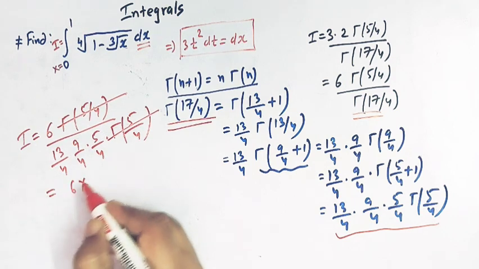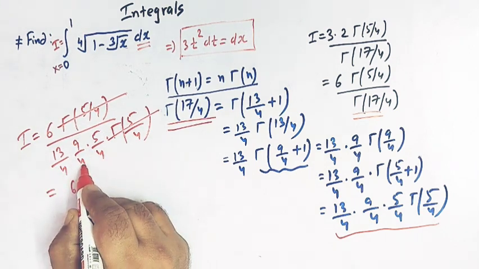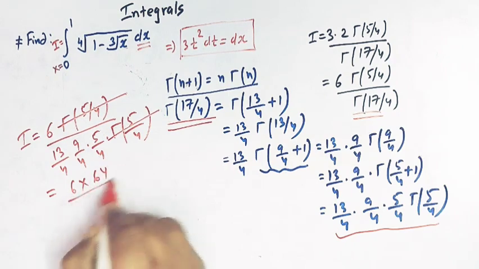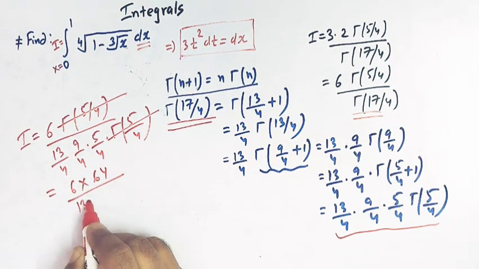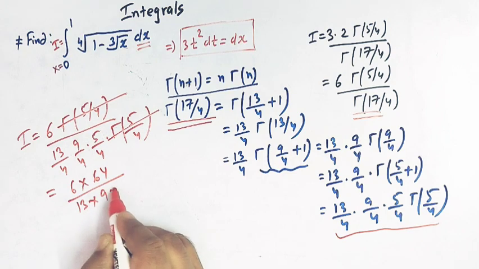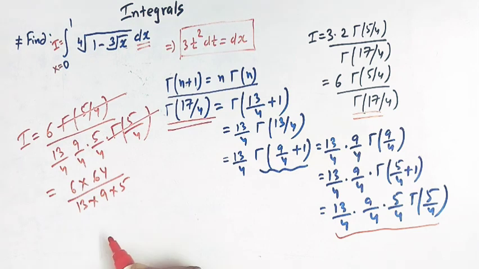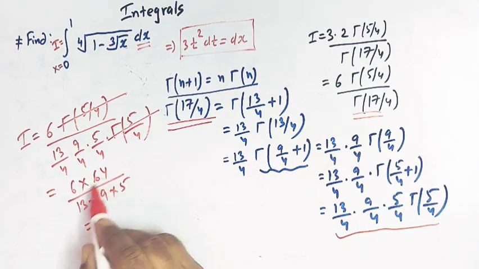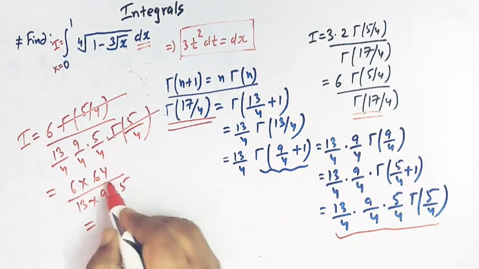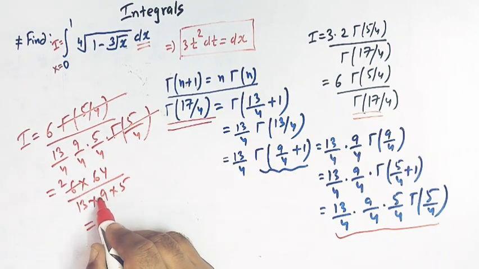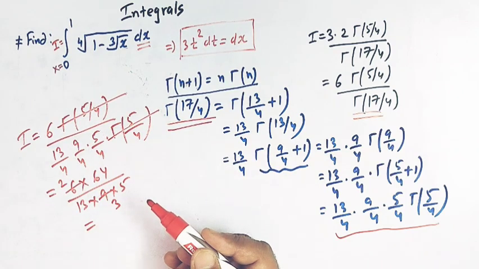So we are left with 6 times 4 times 4 times 4 is 64, and we have 13 times 9 times 5, right? So taking 64 to the numerator, here we have some common factors, so we can cancel them out. Here we have 3 2s are 6, here we have 3 3s are 9, right?